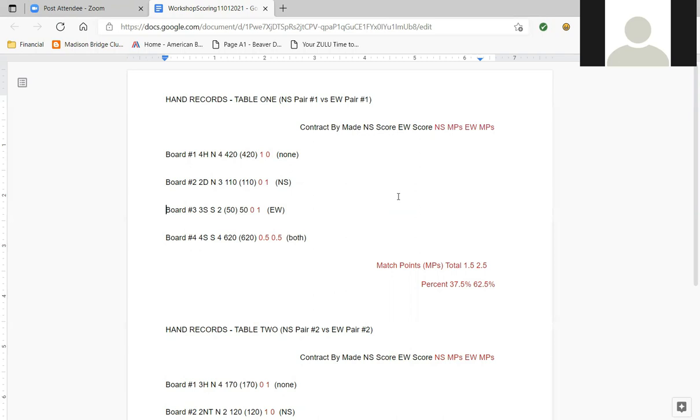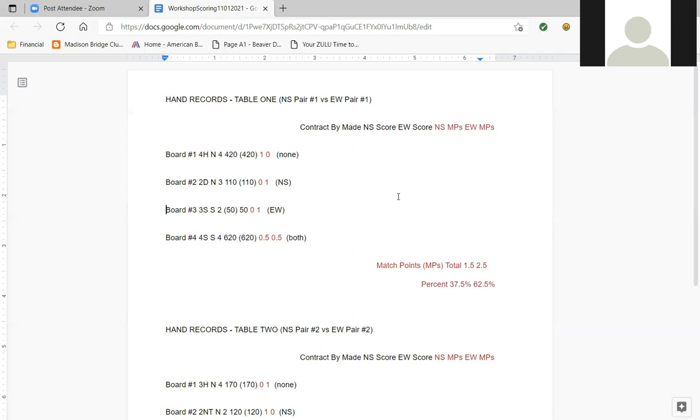Table 1 is going to play board 2, and table 2 is going to play board 1. So there's different ways we could accomplish this. But the point is, by the time we finish with this duplicate bridge game, both tables are going to have played the 4 same boards. Okay. So that's what we're imagining has happened here.